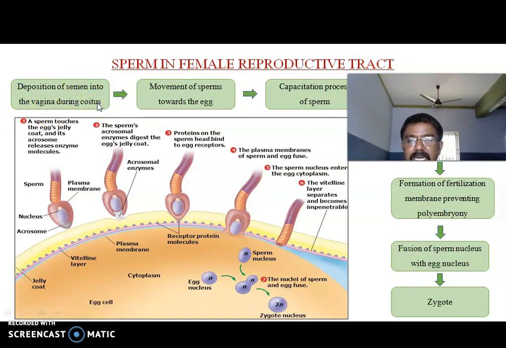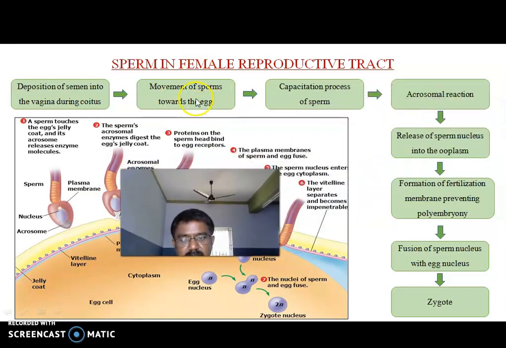Coitus means mating, right? Next step, movement of sperm towards the egg. The sperms released into the vagina travel into the inner part of the vagina, then the cervical canal, after that the uterus and fallopian tube, and move to the ampulla region. Fertilization occurs in the ampulla region, right?